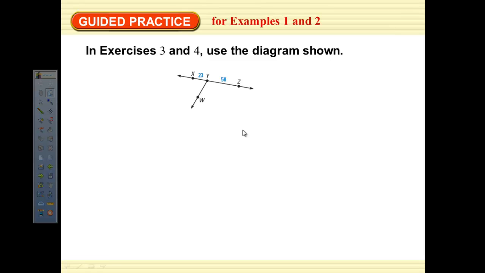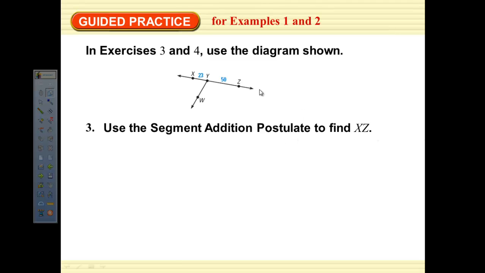Now we're going to use this picture for examples 3 and 4. For the first part of this, we're going to find the length XZ, so from here all the way over to here. If you notice, Y is in between X and Z, so all we need to do here is add XY plus YZ, which will be 23 plus 50, and that will give us our whole length, which is 73.